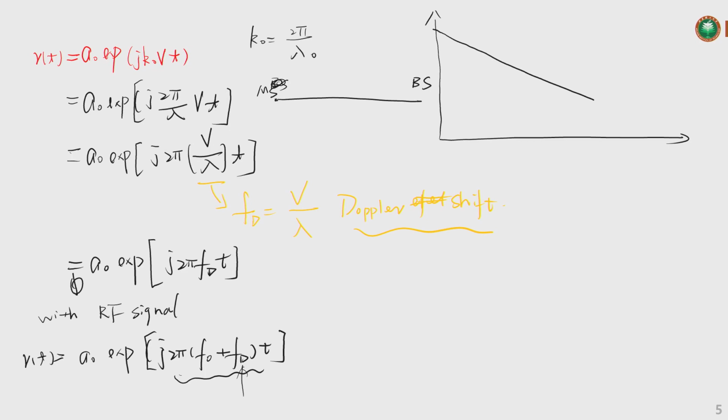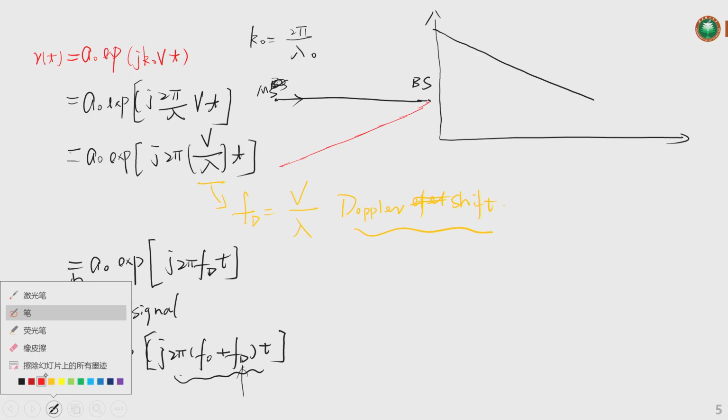All right, so we can assume the mobile user moves along a straight line towards the base station, along this direction. Many times maybe our mobile user moves maybe along this direction. Sorry, I think I made something wrong, let's redo.